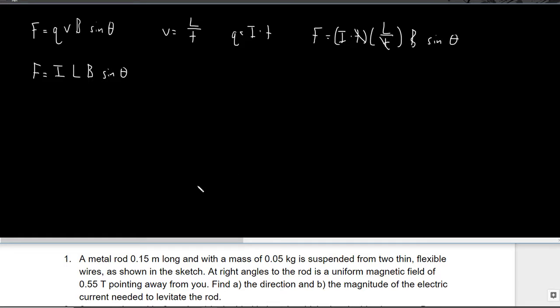So we've got a metal rod, 0.5 meters long with a mass of 0.05 kilograms. Let's go through this. We're going to try to run a current through the rod, because we're going to put this rod perpendicular to a uniform magnetic field of 0.55 teslas.